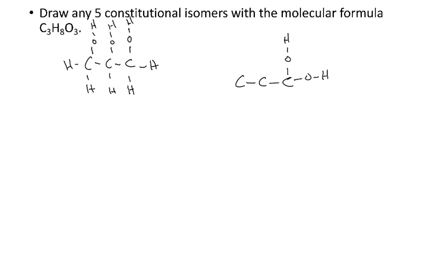I could also do something where I have two OHs coming off the same carbon, and then an OH off another one. I could also move the OH to here. Now I've got two OHs on carbon 1, one OH on carbon 3, so I could do two OHs on carbon 1 and one OH on carbon 2.